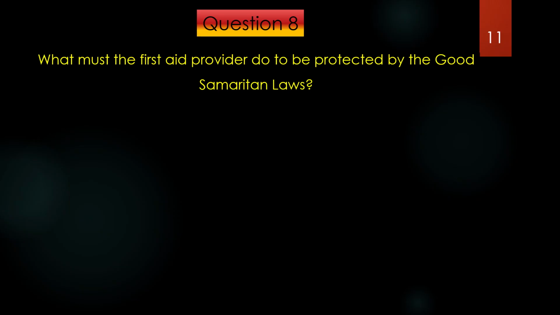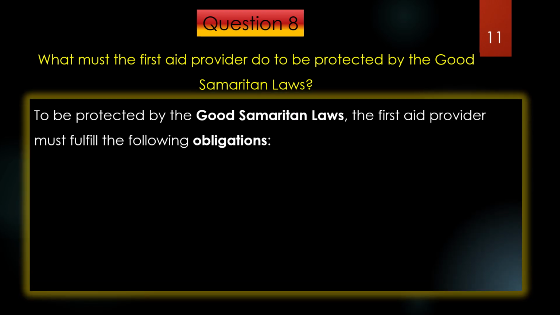Let's see the answer. To be protected by the Good Samaritan laws, the first aid provider must fulfill the following obligations. So there are a number of obligations you must endeavor to fulfill if you want to be protected. And it is very, very important that you get that protection. But for that to happen, there are obligations to fulfill.